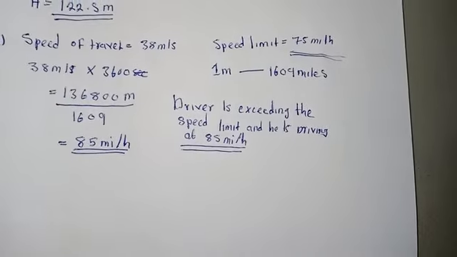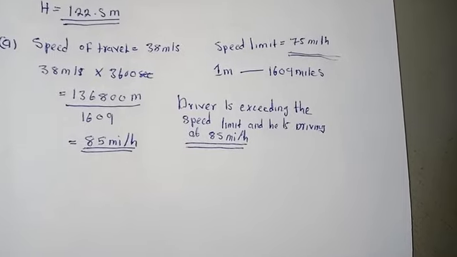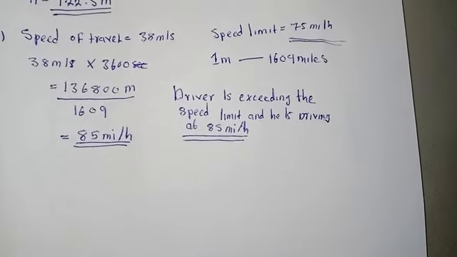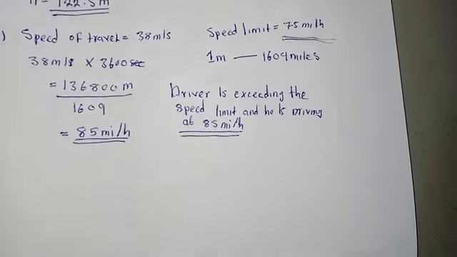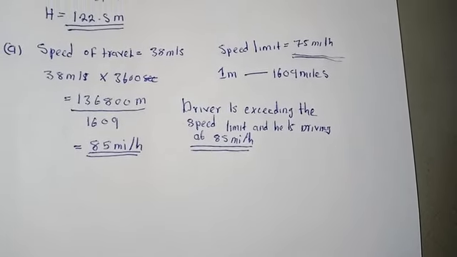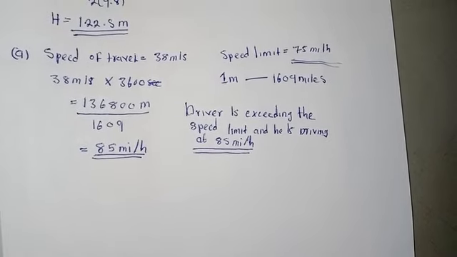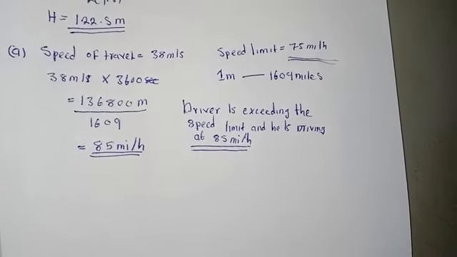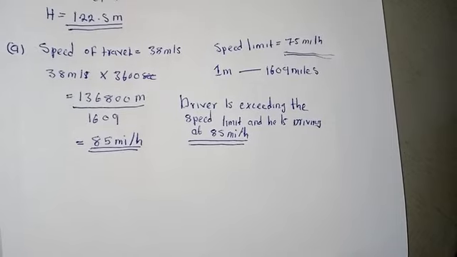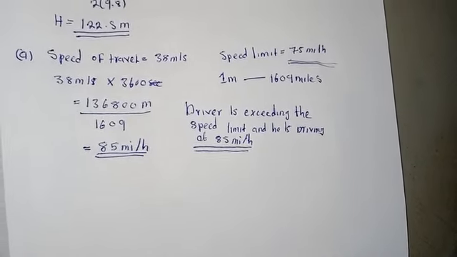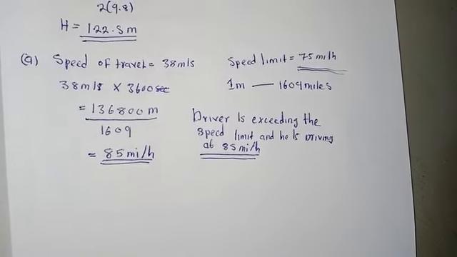This was quite so much speed, almost 10 miles per hour over. So this person was overspeeding. Therefore, we've justified that surely the driver was exceeding the speed limit. So this is how you do this question.